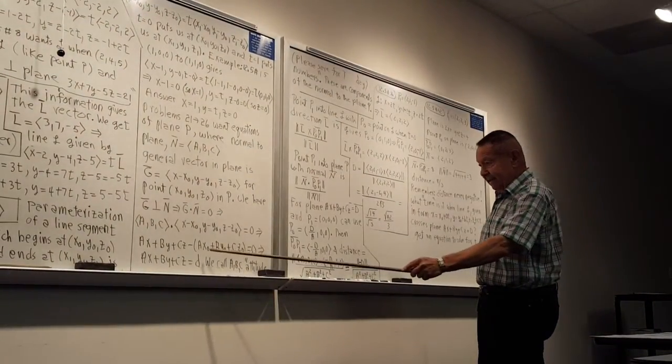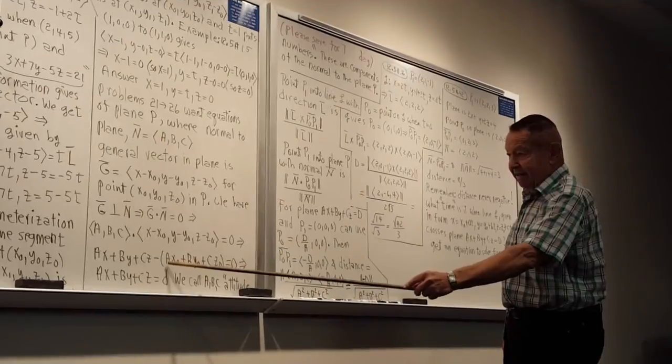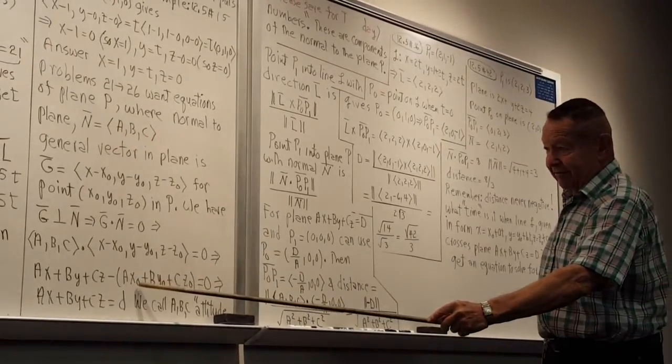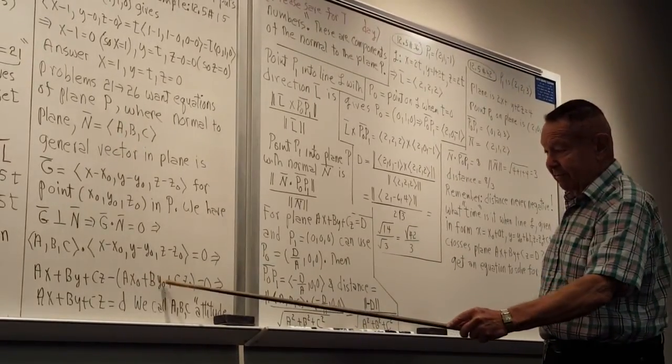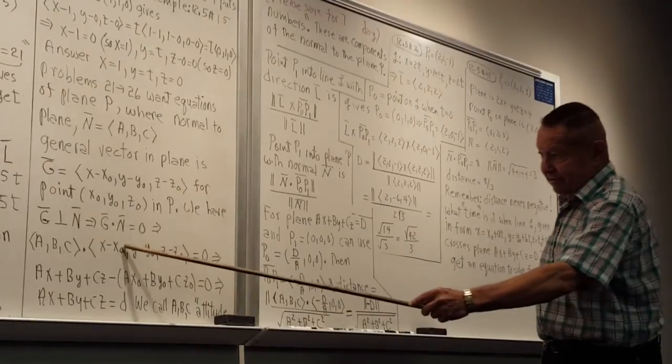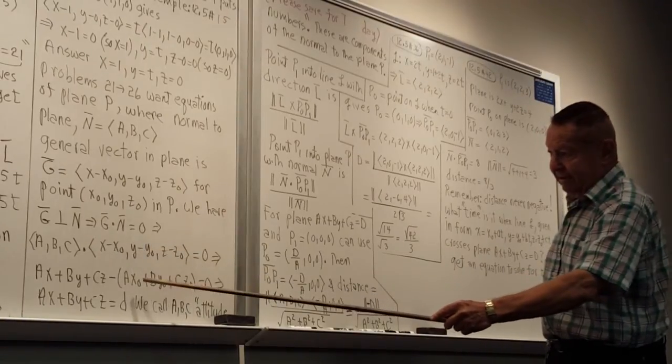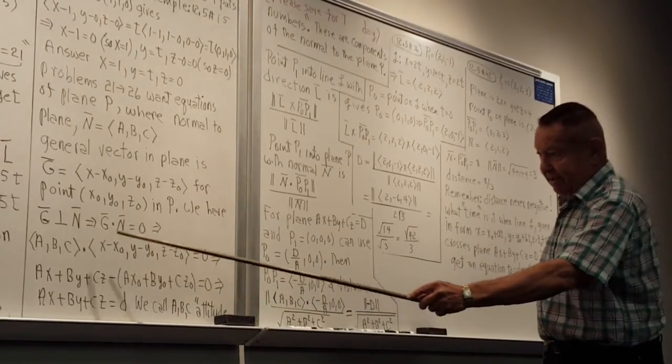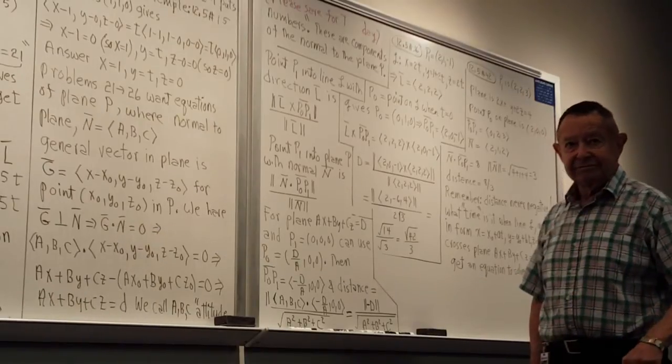And then the D is this dot product of a vector from the origin to the given point in the plane times the normal.